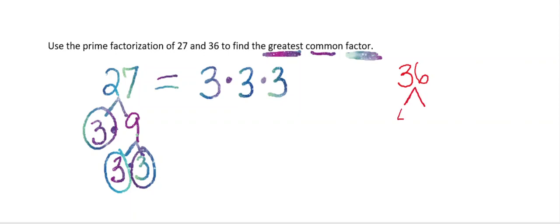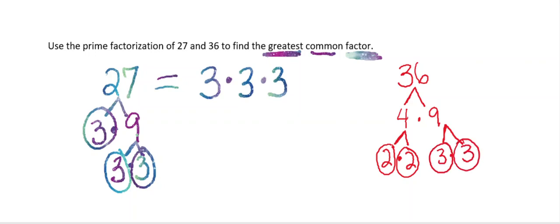I know 4 times 9 is 36, but 4 and 9, neither of those are prime numbers, so I'm going to keep going. 4 breaks down into 2 times 2, which are both prime numbers. 9 breaks down into 3 times 3, which are both prime numbers. So now I know that 36 is equal to 2 times 2 times 3 times 3.